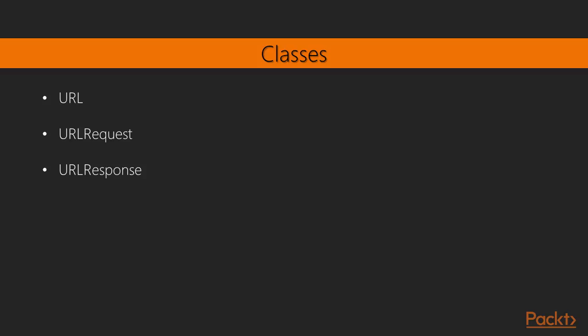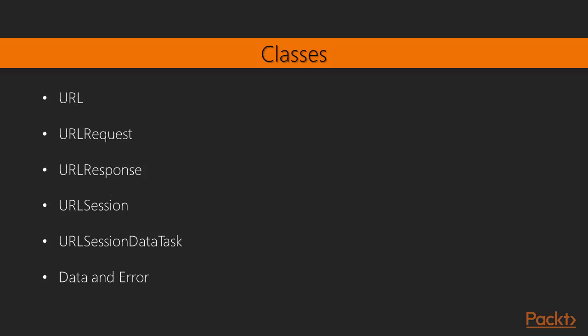Are these classes enough for doing a request? Not really. Usually we need an additional class called URL session, which is in charge of creating objects of type URL session data task, which will do the request according to the URL request configuration. Finally, we have to know that the URL response doesn't have the response contents.